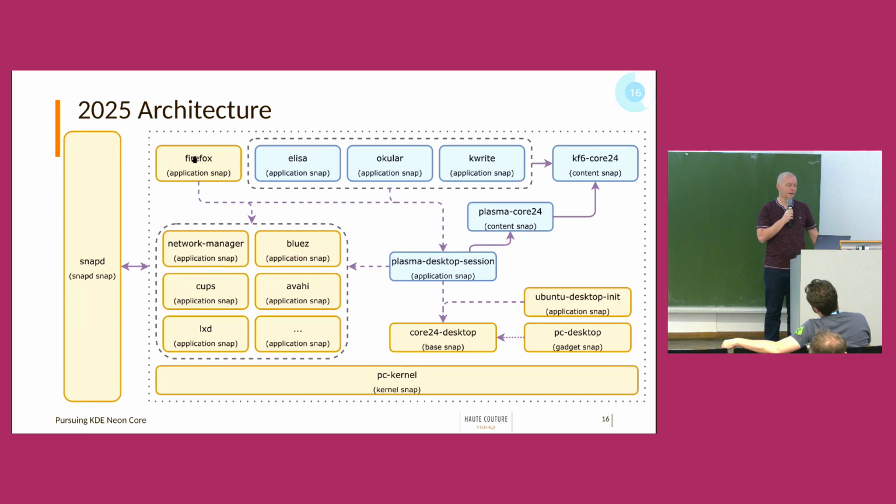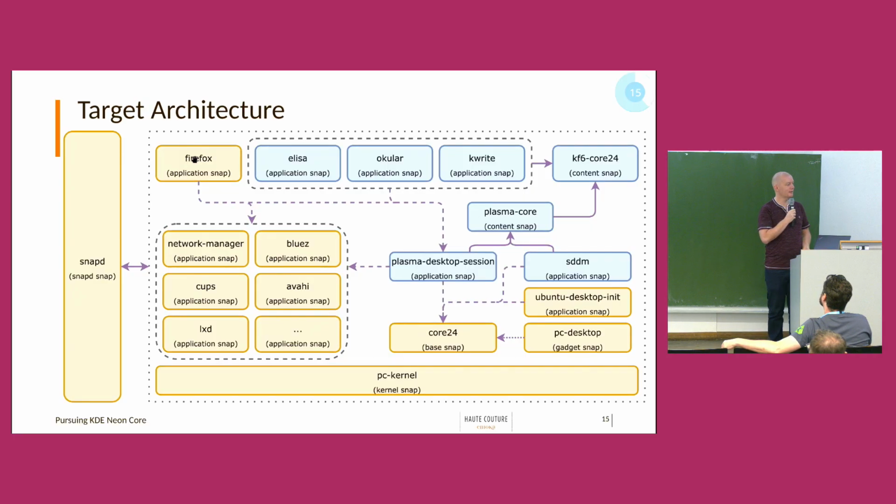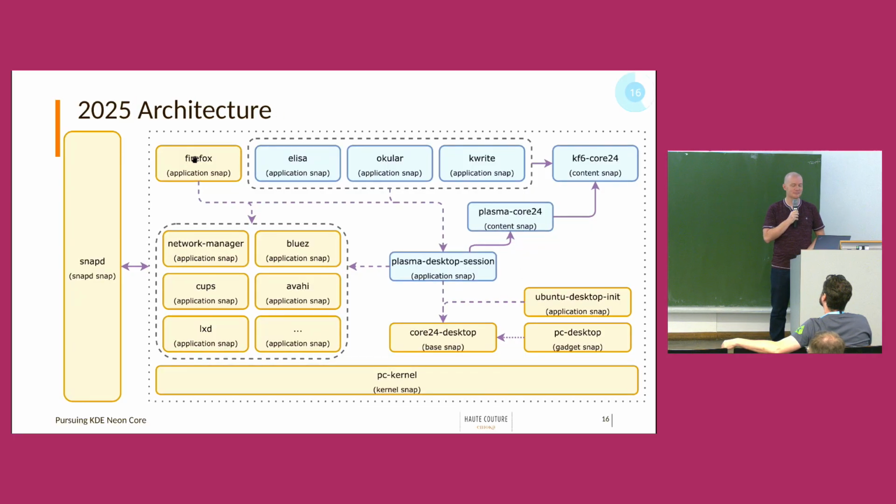That's where we got in 2025. So it's a bit of the seven differences game. Did you notice that? I'll do it again. You see them? There are two main differences. So the content snap actually is there, so we really did that.